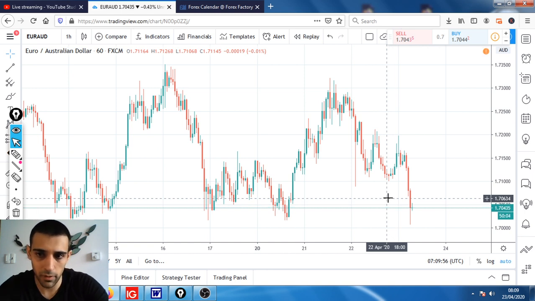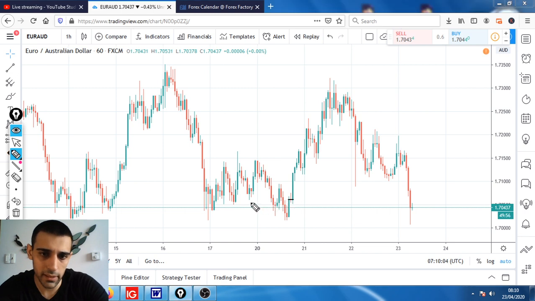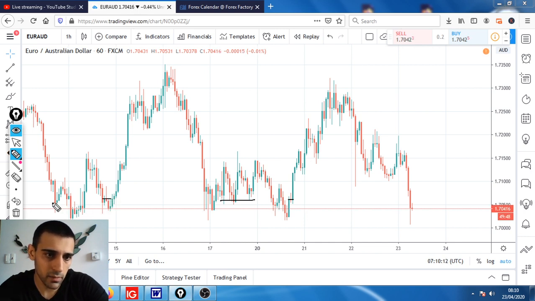We got a lot of price action going on in here, I mean opens and closes. So we got this candle, this low, as well as, I believe, this high here, and also this low.